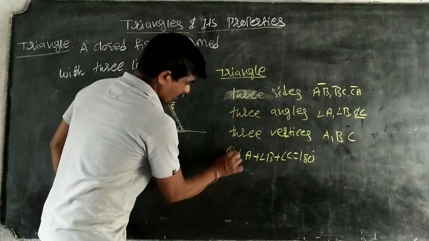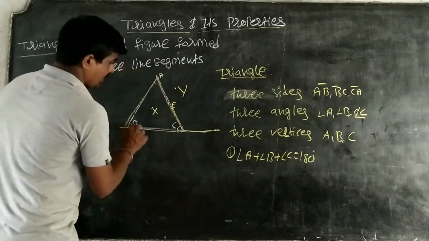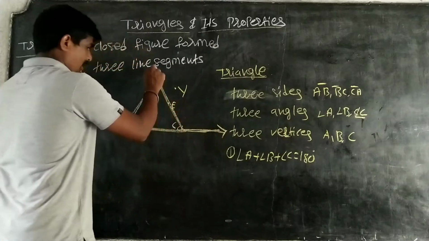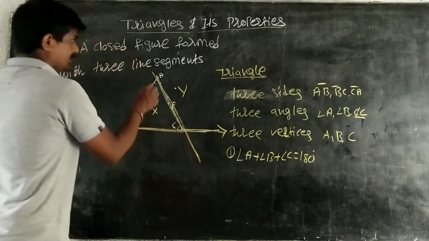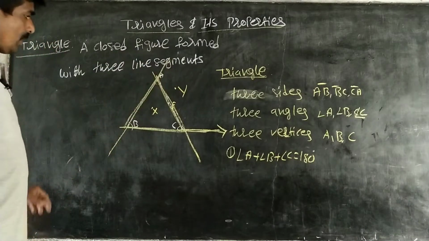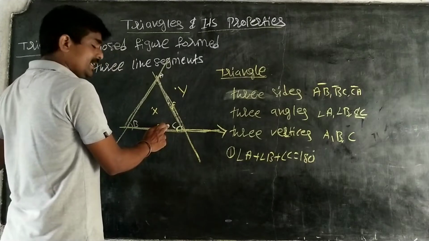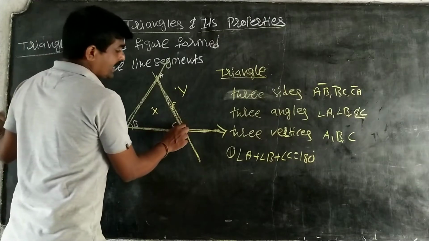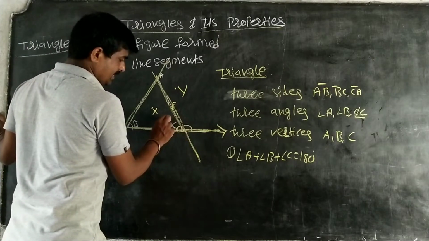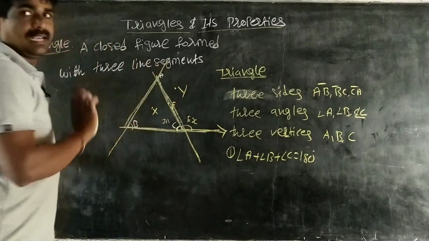Next, observe here. I extend BC like this, and AC or AB. Okay, so this is the interior angle, this is the interior of the triangle. This is the exterior, this is the interior. This is the exterior angle.